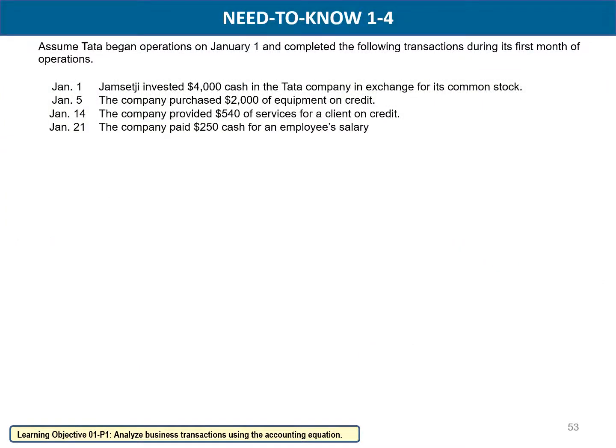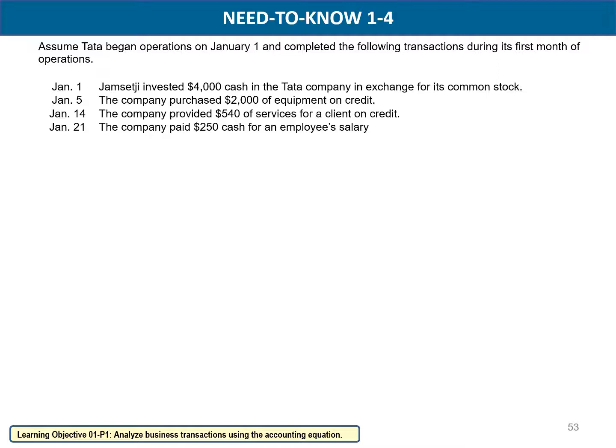Okay, need to know 1-4. Let's see if we can apply what we've just learned with the following example. So assume Tata began operations on January 1st and completed the following transactions during its first month of operations. On January 1st, they received an investment of $4,000 cash in exchange for its common stock. January 5th, they purchased $2,000 of equipment on credit.